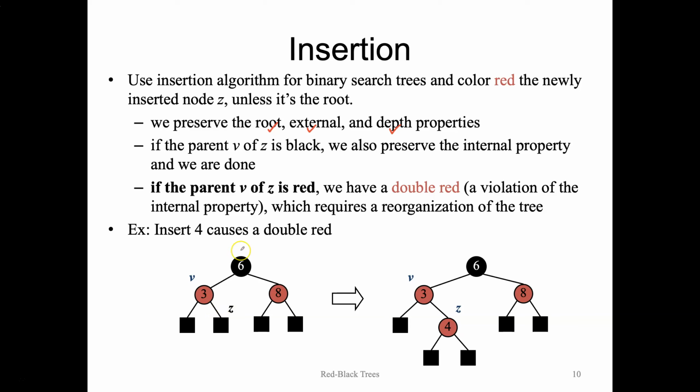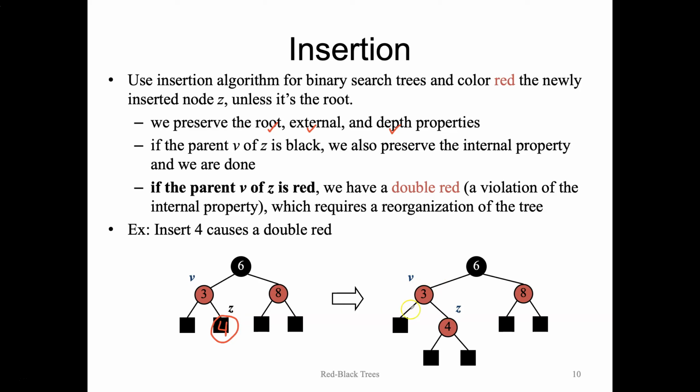So for example, if we have now this slightly different tree than what we had before, same values but different color properties, and we try to insert a new node 4 here, we know this will be to the left of 6 because 4 is less than 6, and the right of 3 because it's larger than 3. We'll insert 4 here, and since we always create a new node and color it red, we'll have our red node here, but we created what's called a double red.